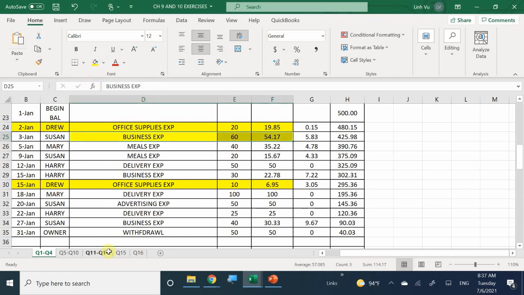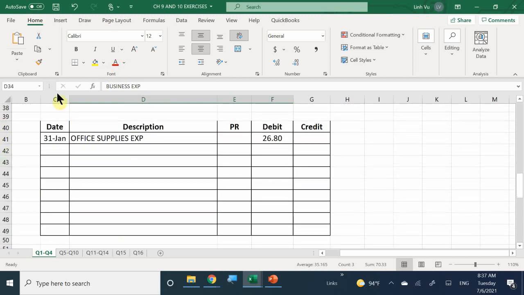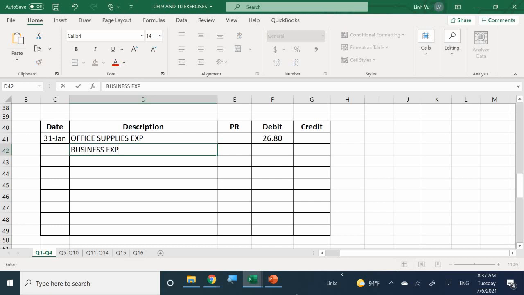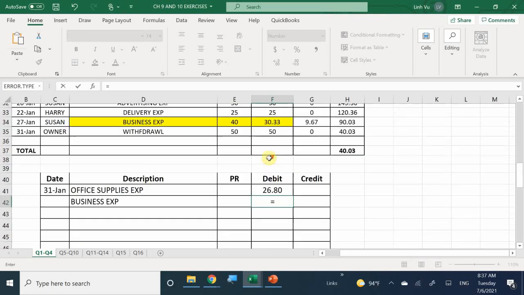So 1, 2, right there, and then the one at the bottom. So we have business expense, and we're going to add up all 3 numbers.